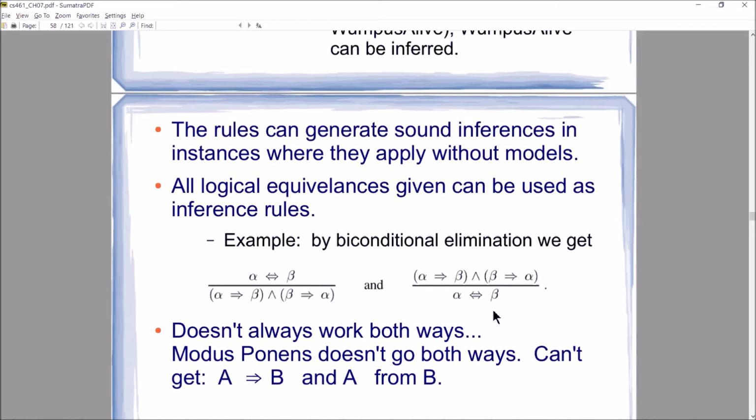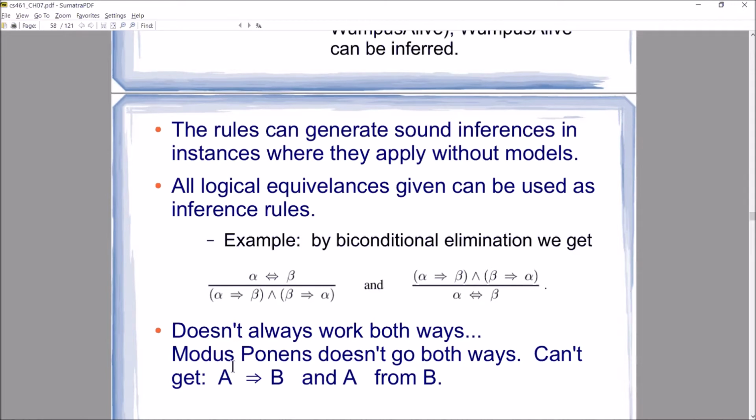Now, it doesn't always work like that. It doesn't always work both ways, where you can always replace alpha if and only if beta with the implications, and then in the reverse. You can't always do it that way, but often you can. So, for example, modus ponens doesn't go in both ways.